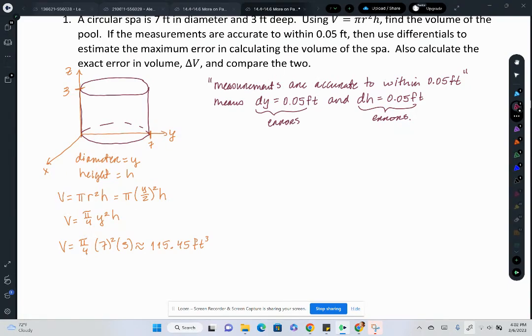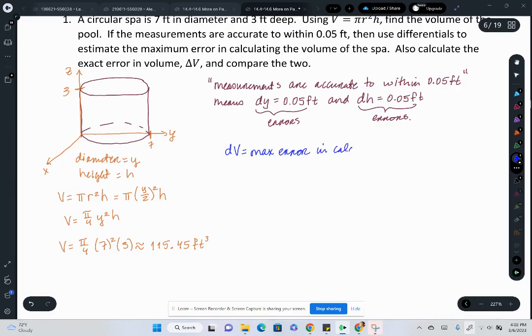We want to use the differentials to estimate the maximum error in calculating the volume of the spa. So dV equals the maximum error in calculating the volume.